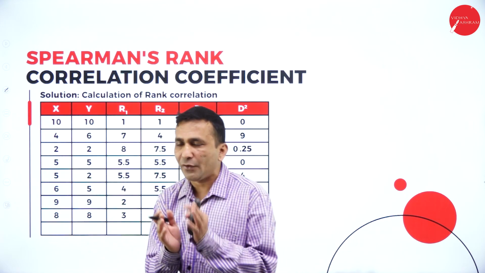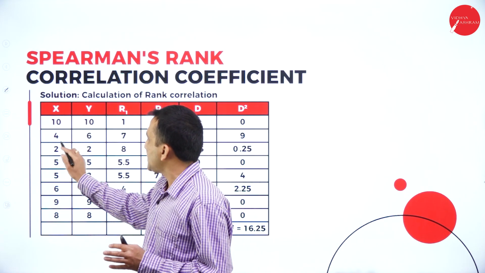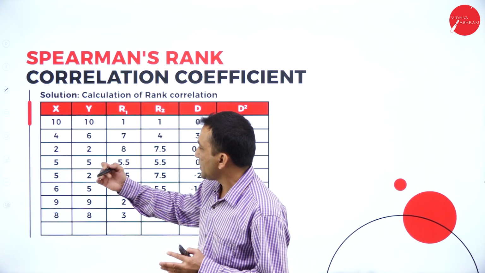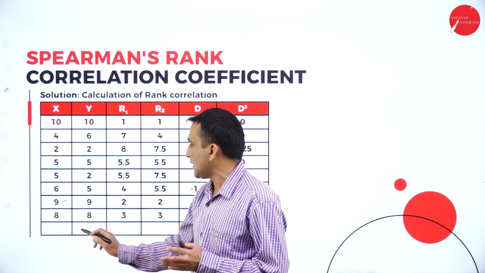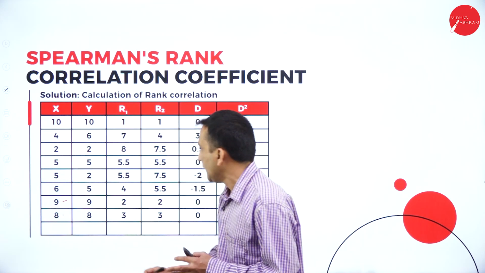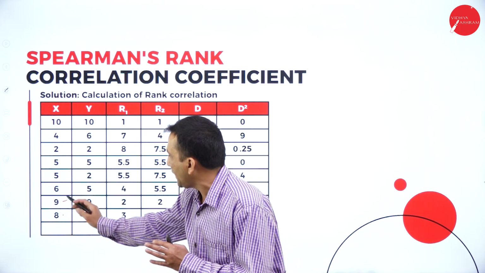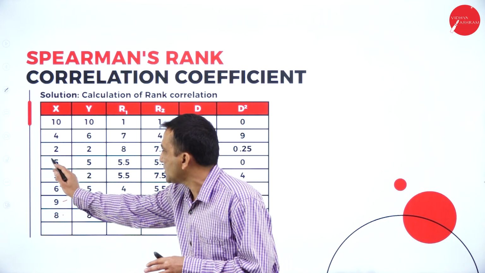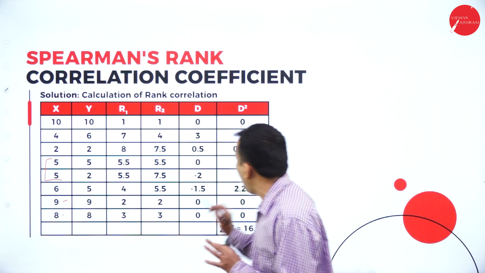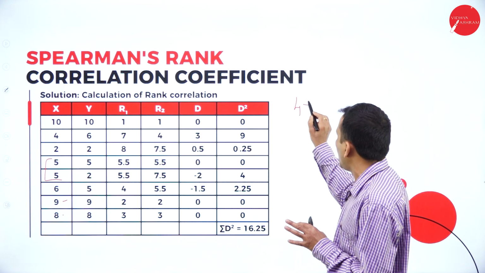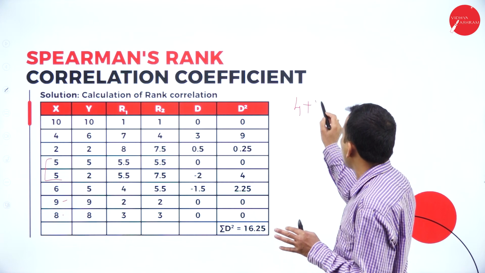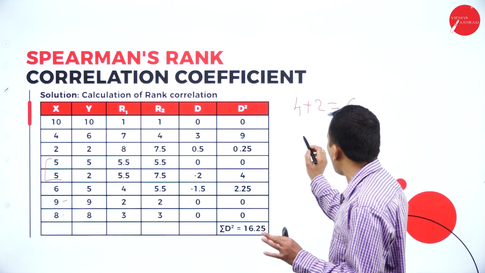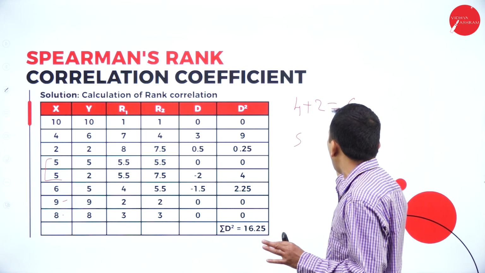Now we need to rank the X series and the Y series. From the X series, the first rank we assign to 10, the highest value. Below 10, the next value is 9, second rank, third rank 8. After 8, 7 is not there. Now 6 gets fourth rank. After 6, 5 comes 2 times. The fourth rank is already assigned, so for those 2 numbers the ranks are 5 and 6.